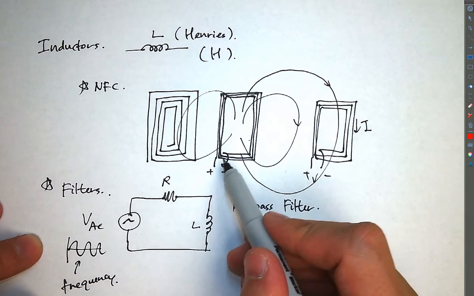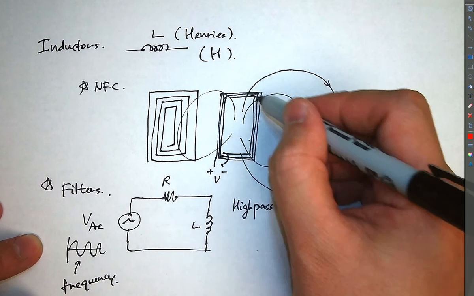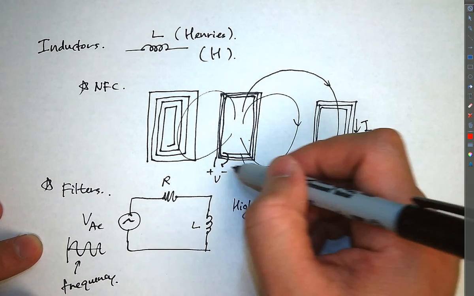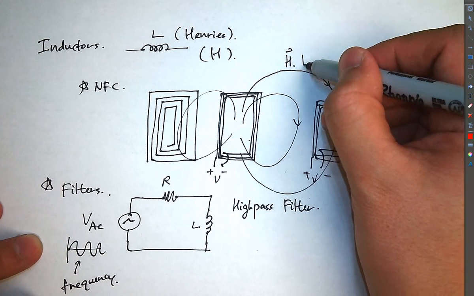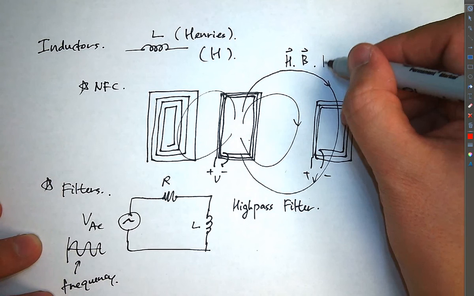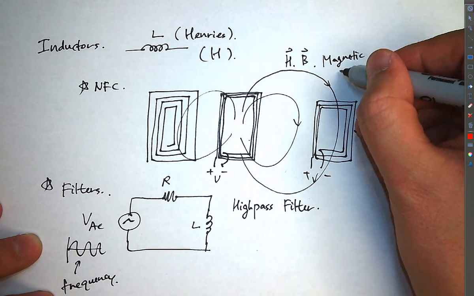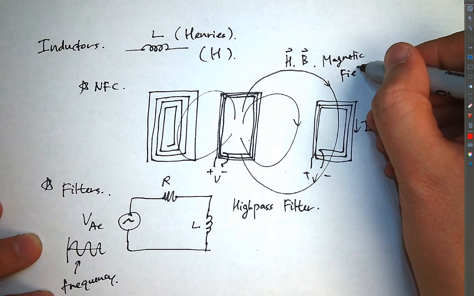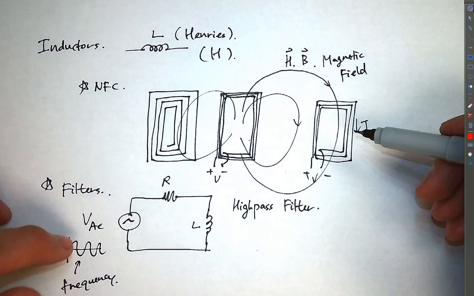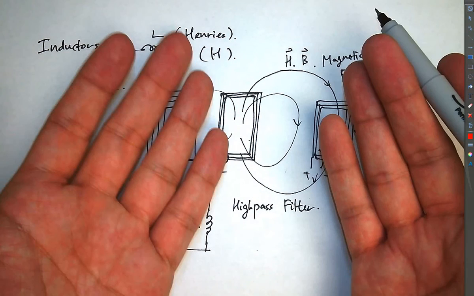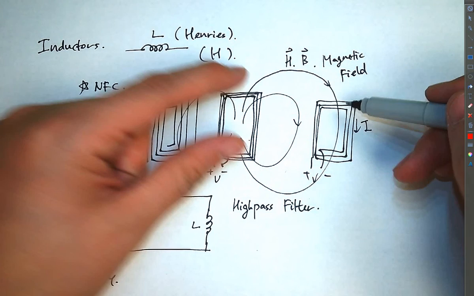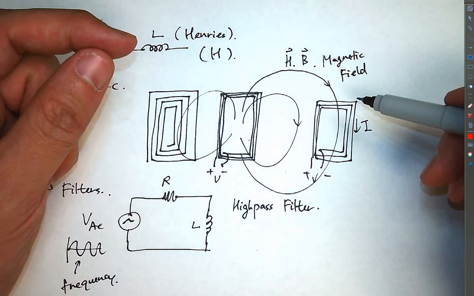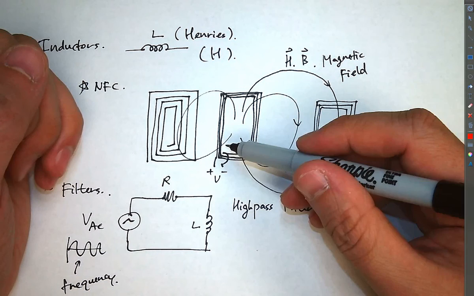So the voltage and the current in this inductor, in this phone, will induce a magnetic field. These are the symbols for magnetic field. And the magnetic field will go through the other phone. So imagine you have two phones here, and the fields will go through each other's phones, which will induce, and that's how the data is transferred from one to the other.